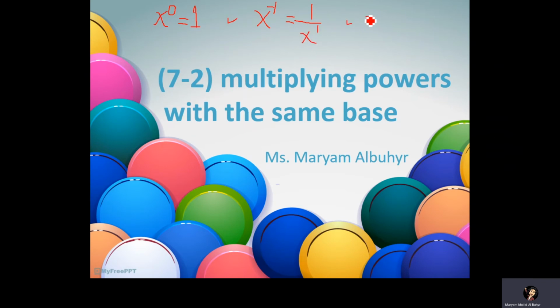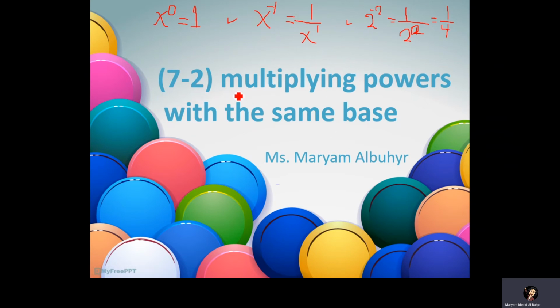If you have, for example, 2 to the power negative 2, that's equal to, just flip this, 1 over 2 to the power 2, then simplify it, which is 1 over 4, since 2 to the power 2 is 4, and so on. And we also discussed how to simplify some expressions. So that's what we did in the previous lesson.